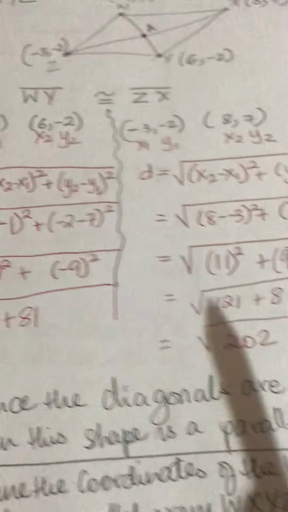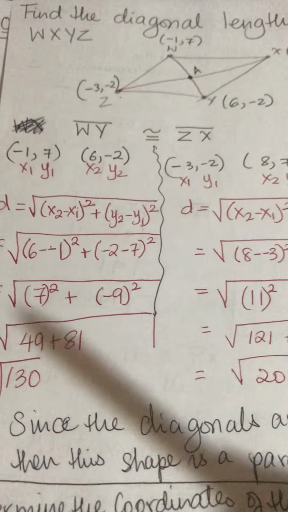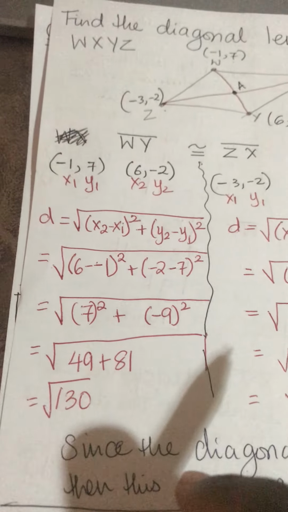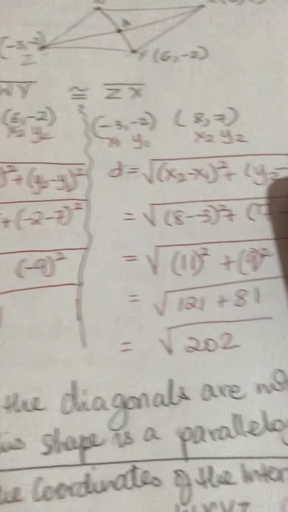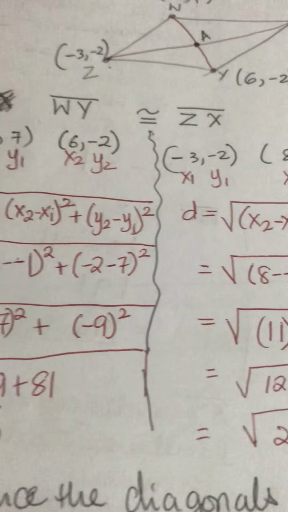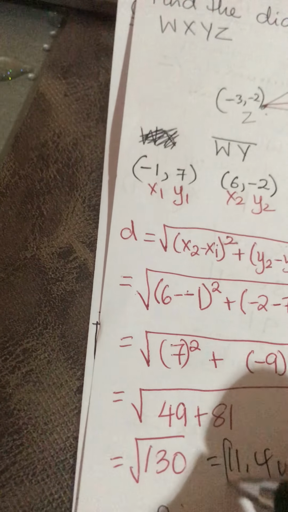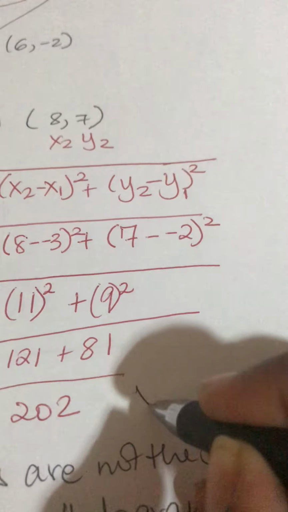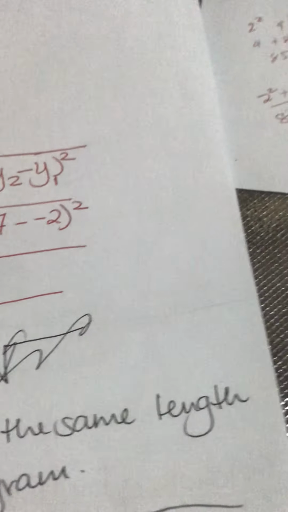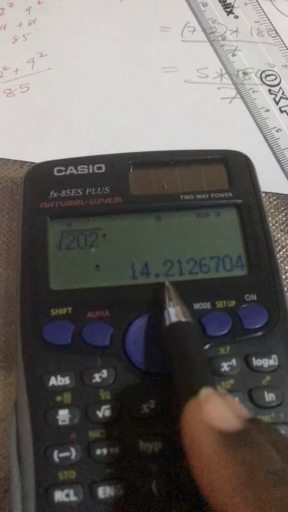Now, I got square root of 130 here and square root of 202. So you see, my diagonal lines are not the same. Make sure you change them to decimals. Don't leave them as square roots like me. I don't know why I stopped. Square root of 130 is 14.40 units, and square root of 202 is 14.21 units.